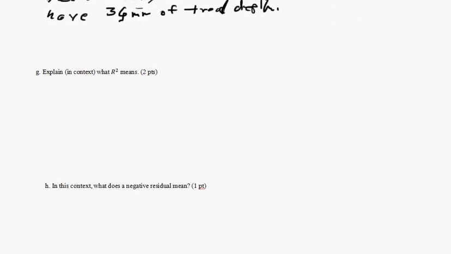Okay, so what does r squared mean? So r squared is 0.72, if I recall. Okay, oh, 0.74.